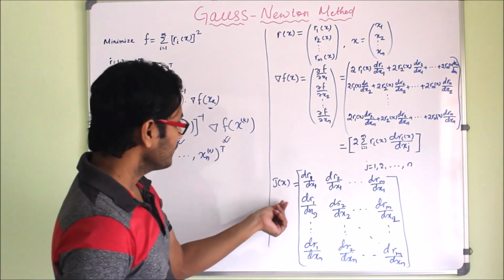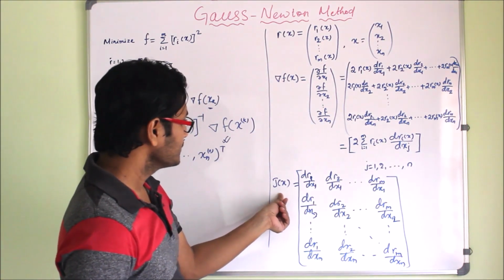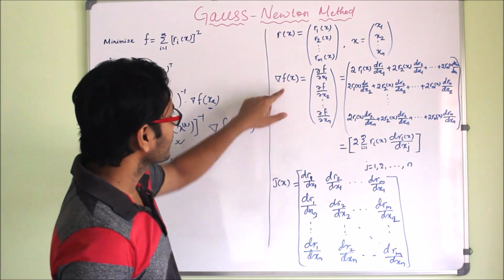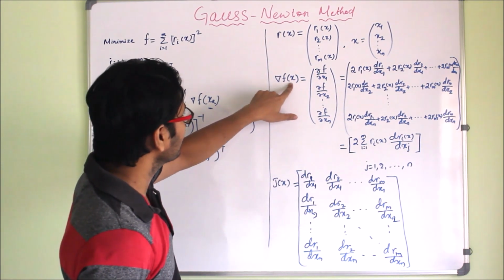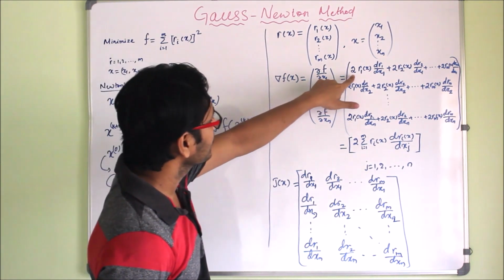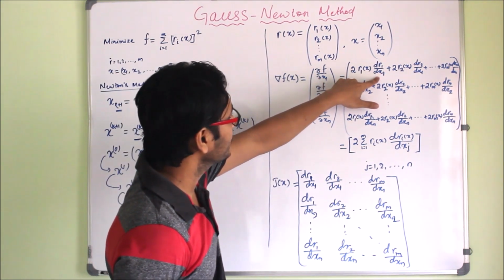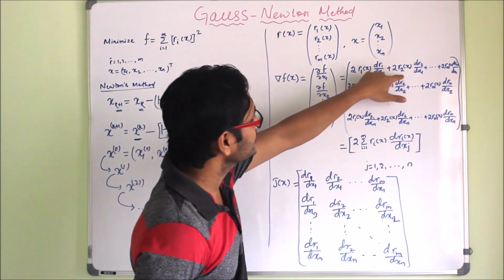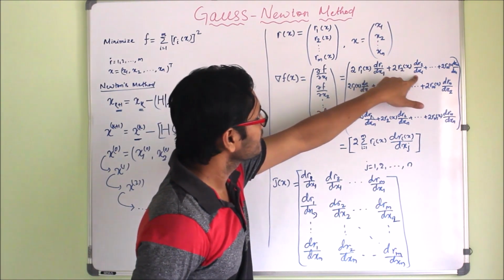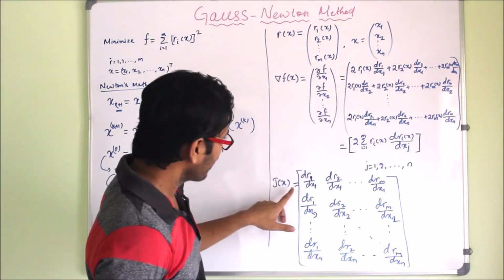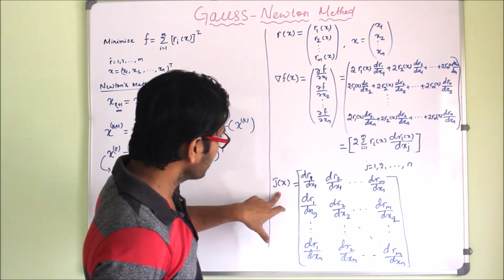Now we will see why J(x) is necessary. Here we can see that the gradient of f is what? The first entry is 2 r1(x) dr1/dx1, 2 r2(x) dr2/dx1, like that.